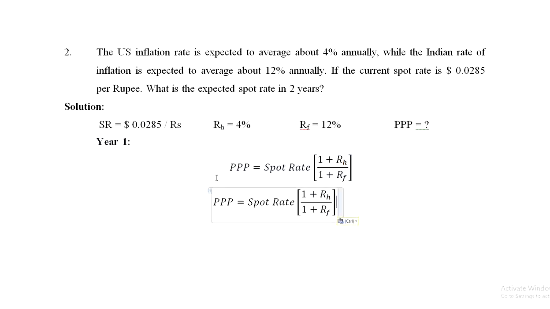So spot rate, how much is the spot rate? It is 0.0285, and the rate of interest in the home country is 4%. You have to write it like this, 0.04, whereas in the host country it is 12%, 0.12.